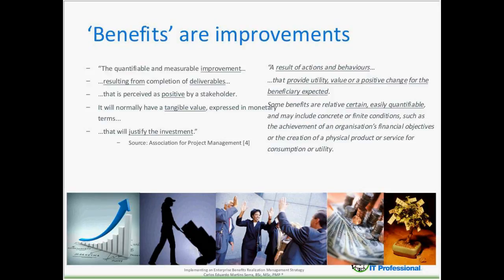Other benefits may be less quantifiable and may produce somewhat uncertain outcomes. In general terms, we can understand benefits as a result from some type of action that generates value that should ideally be quantifiable. Since such value is created mainly by delivering improvements to the organization or to external clients, I recommend we use improvement as a synonym.